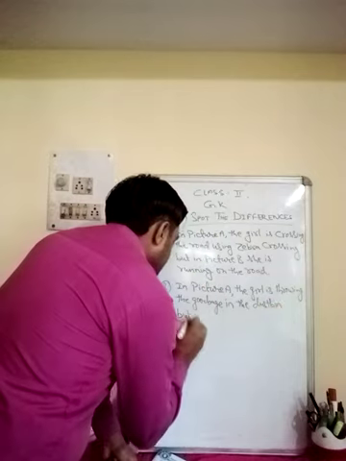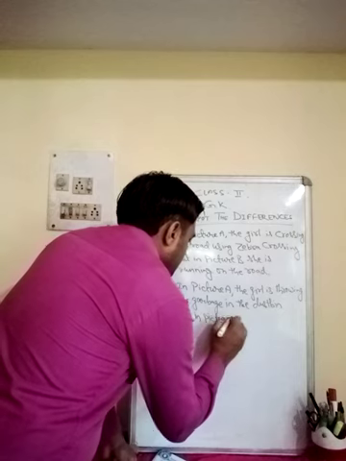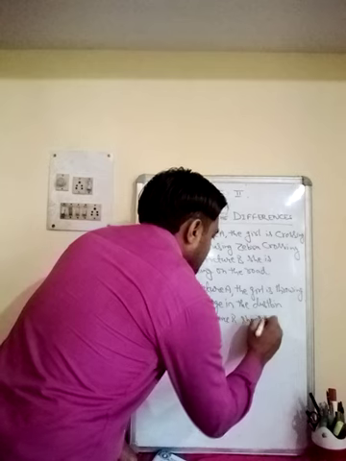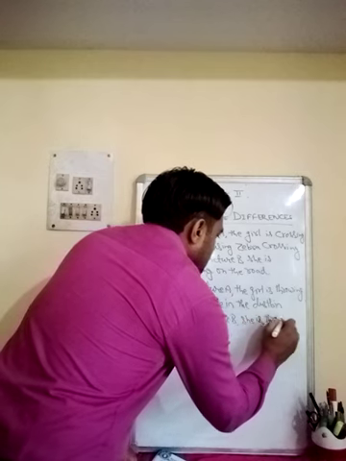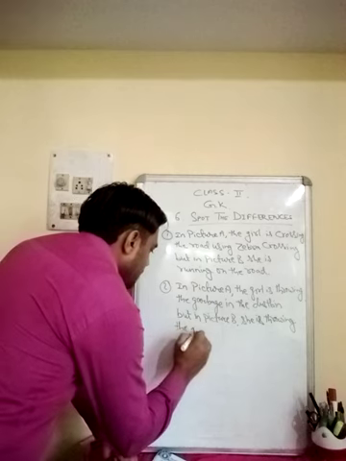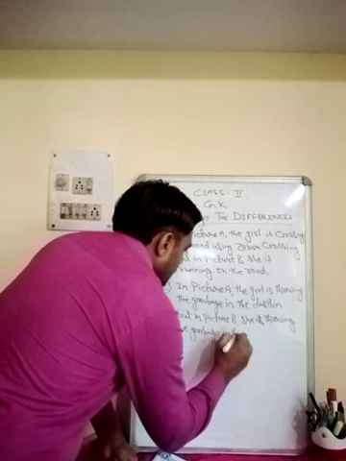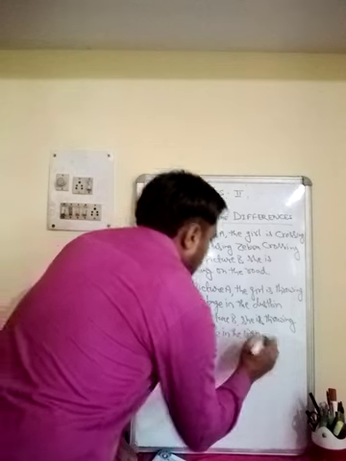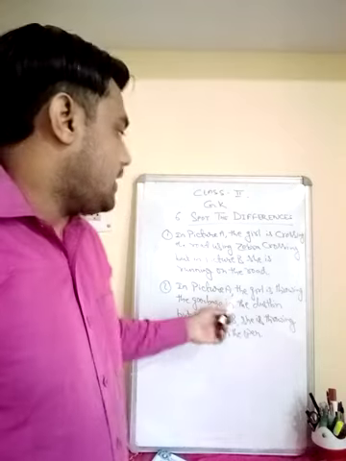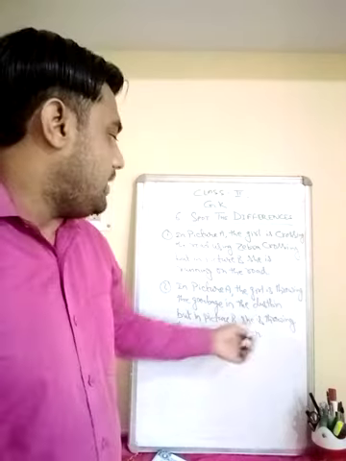But in picture B, she is throwing the garbage in the open. So what is the difference here? In picture A, the girl is throwing the garbage in the dustbin, but in picture B, she is throwing the garbage in the open.